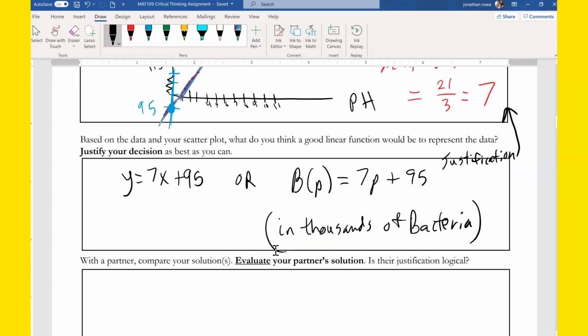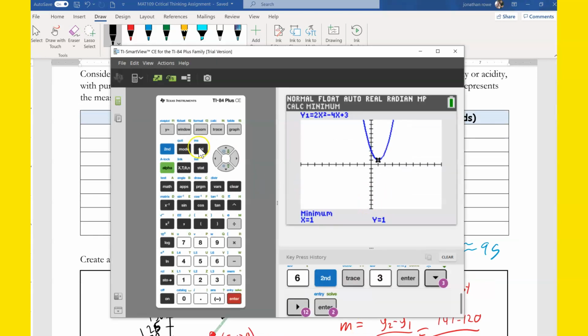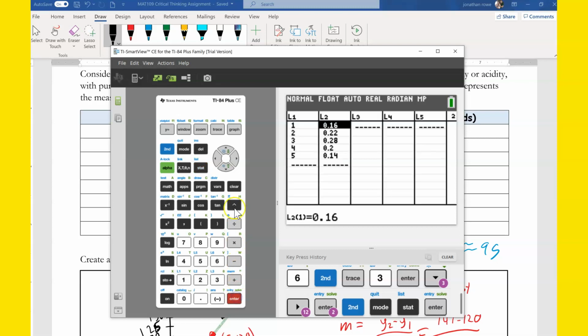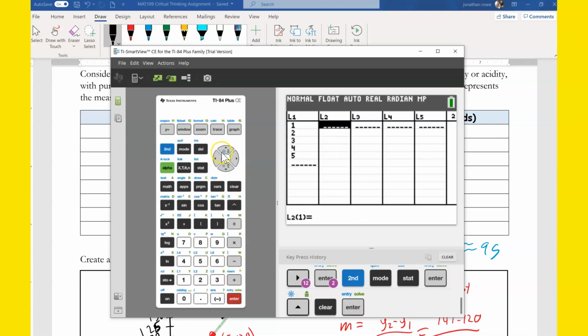So what we're going to do is plug all of these numbers into our calculator. We're going to go to Stat and go to Edit. If you have anything in your lists already, we're going to clear that out. To clear L2, I go up to L2, hit Clear and then Enter, and it clears the whole L2 list.